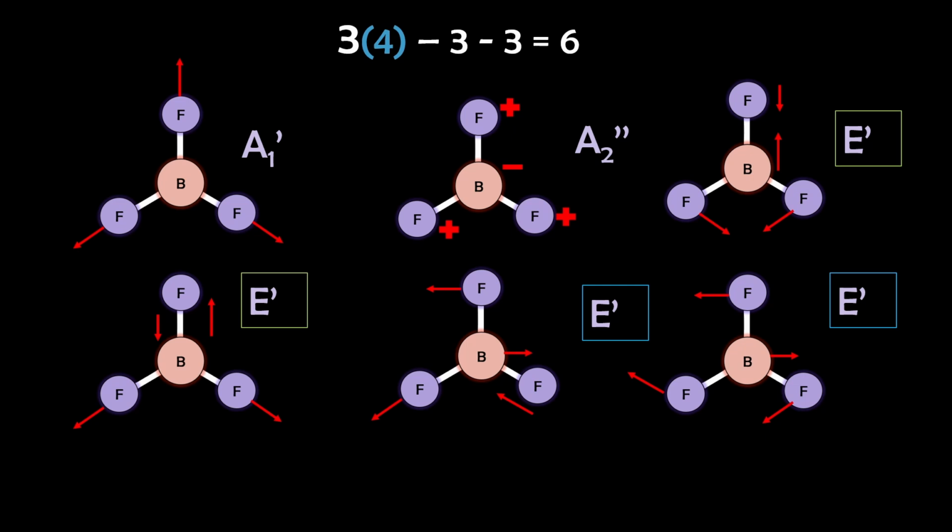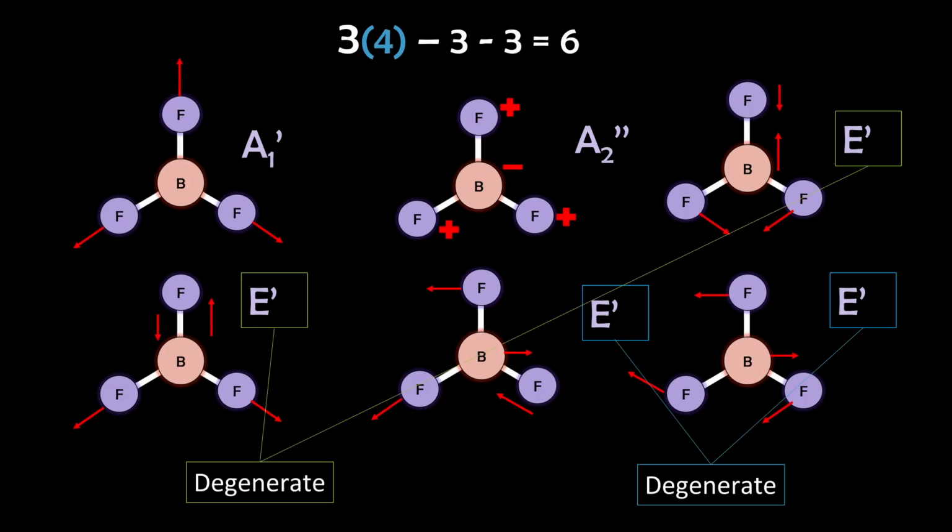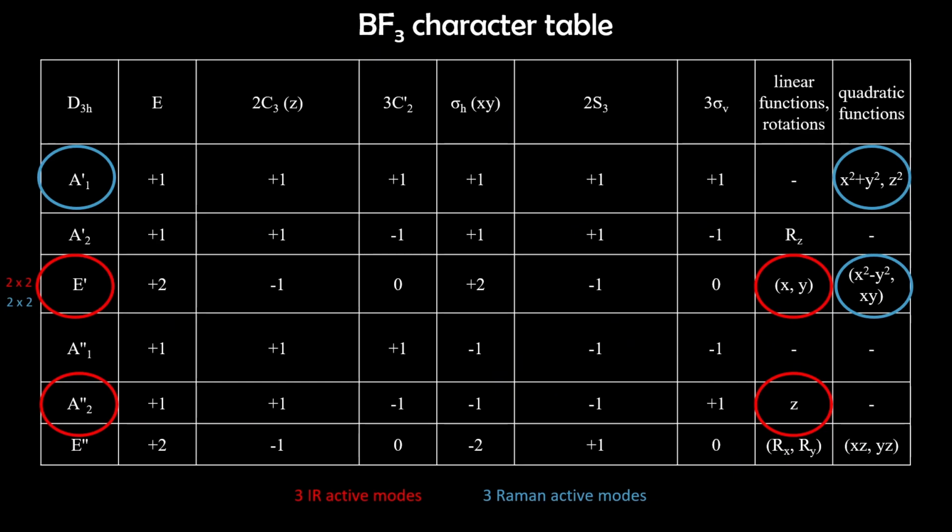Because BF3 has D3h symmetry, some of these modes are degenerate, meaning 2 vibrations have the same energy. So using the symmetry labels, the vibrations can be described as A1 prime, A2 double prime, and 2E prime. And remember that the E prime is doubly degenerate, so this still gives 6 total vibrational modes.